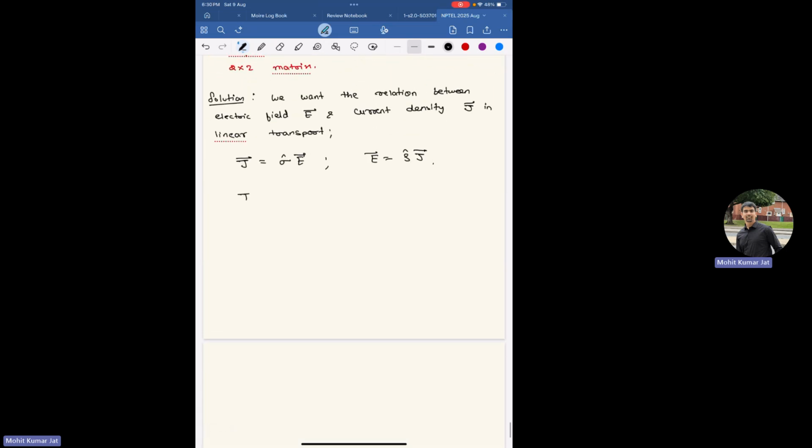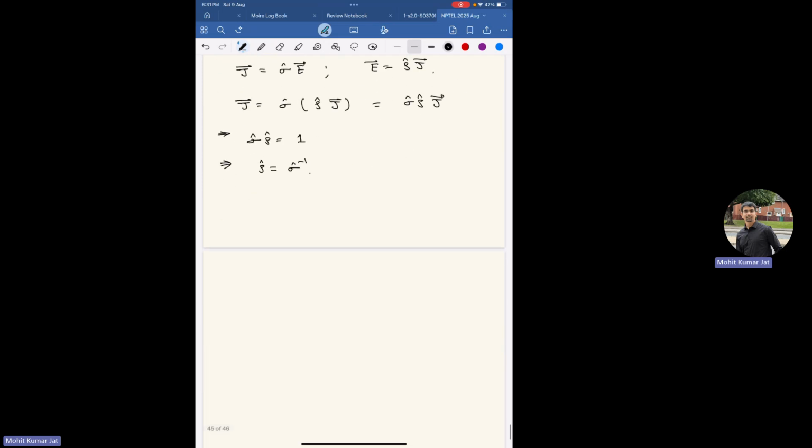If you take J equals sigma E and put in E equals rho J, this implies sigma rho matrix multiplication will be equal to 1, and this simply tells that your resistivity is essentially the inverse of your conductivity.